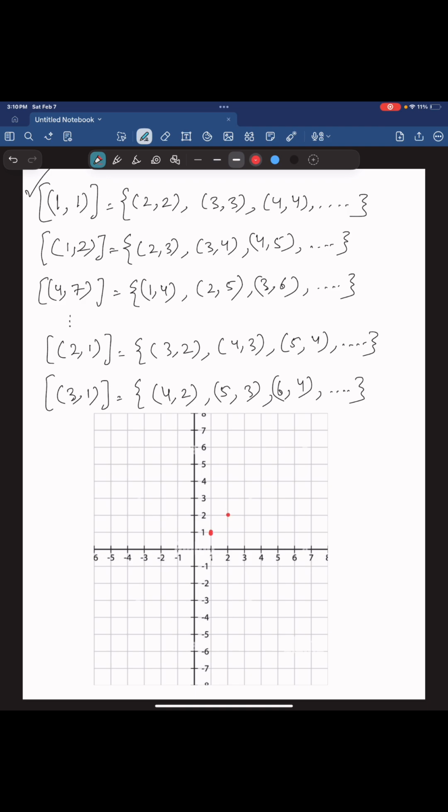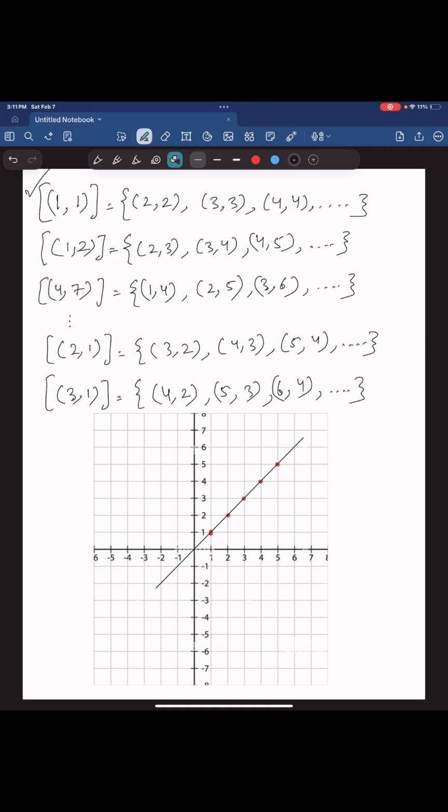Then 2 comma 2 would be somewhere here, like this. And if I join these, this would look something like that. Oops, this is very thick, let's make it thin. Right, something like this.